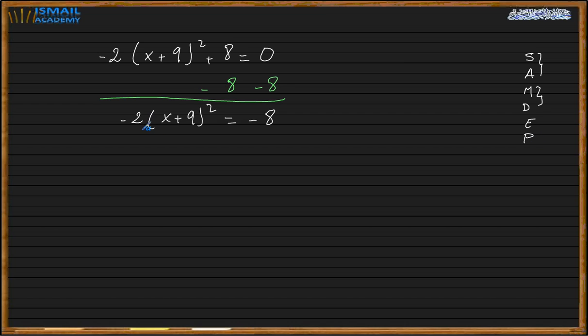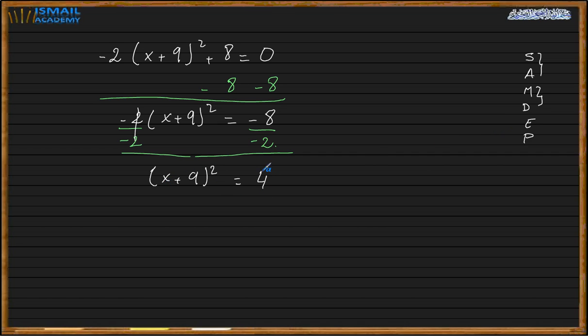So now, if I have multiplication, I will divide, which is what I will do here. So I divide by minus 2. So I will end up having (x plus 9) squared equal 4. Now I'm going to move to the exponent.